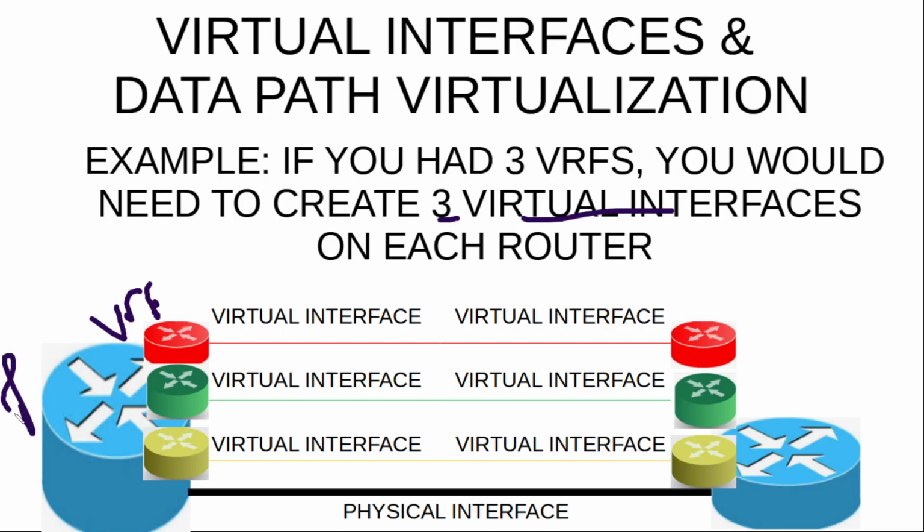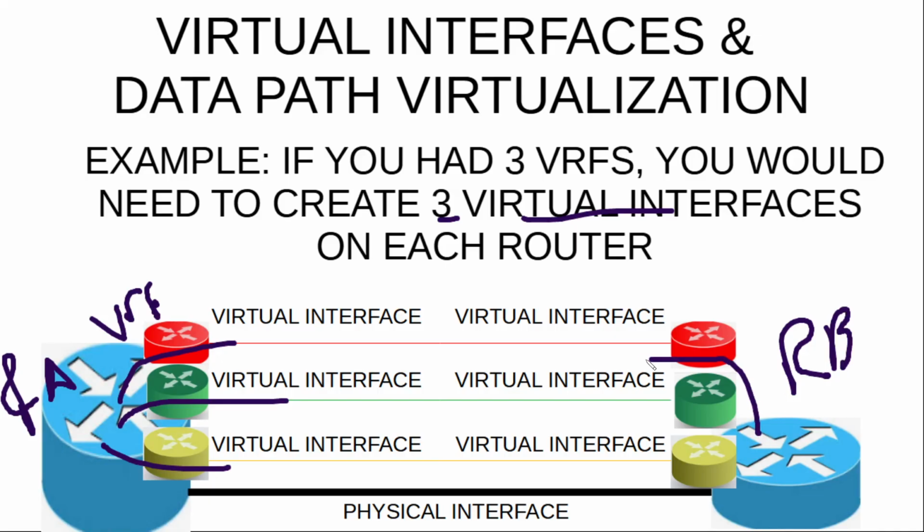So in router A, you will have to create virtual interface number 1, virtual interface number 2, and virtual interface number 3, and the same applies for router B. So this is how VRF Lite works with data path virtualization.